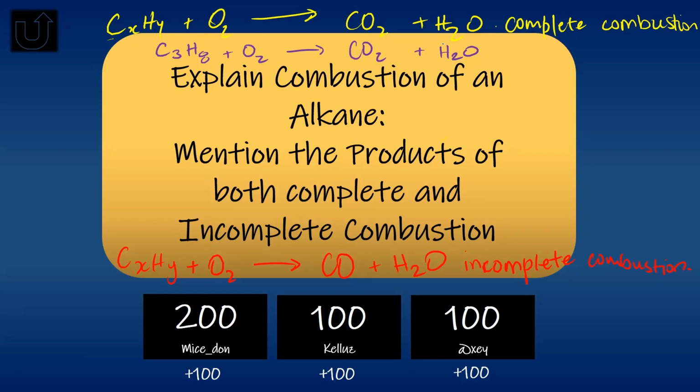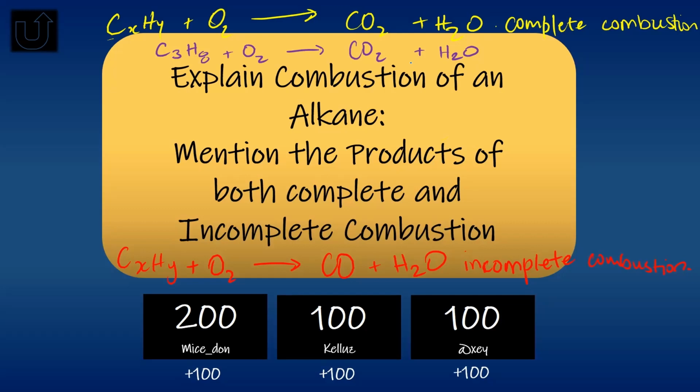So 4 times 2 is 8 hydrogens. Then for oxygen, I would have 8 oxygens over here, plus that 4. So 4 plus 4 is 8.